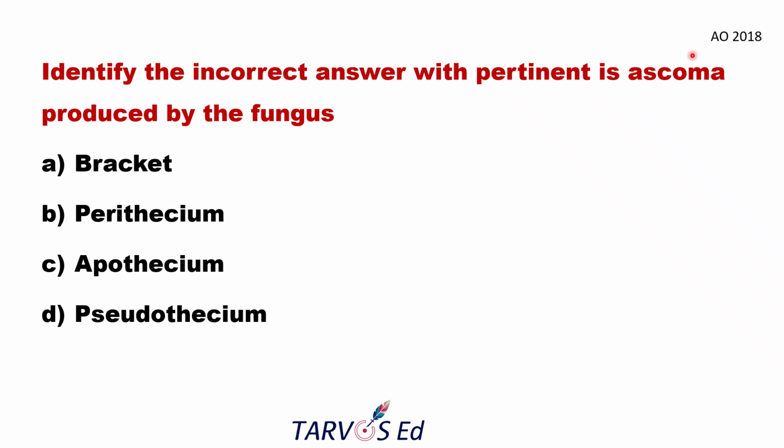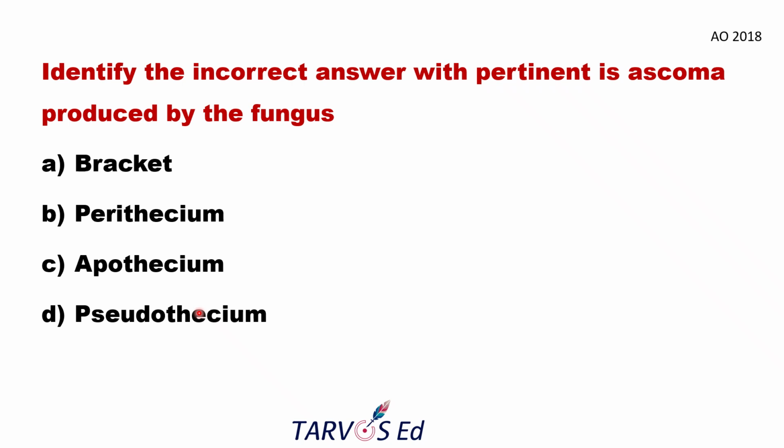Here ascoma represents the fruiting body produced by the Ascomycota. When you see the options given, bracket, perithecium, apothecium, and pseudothecium, all these B, C, and D are related to the Ascomycota, that is, fruiting bodies produced by the Ascomycota.